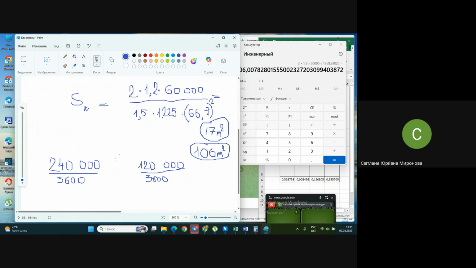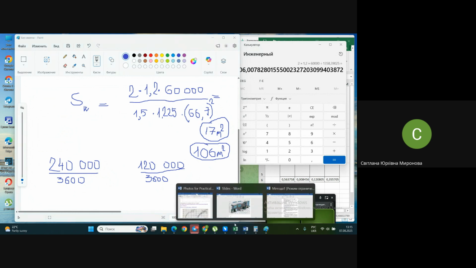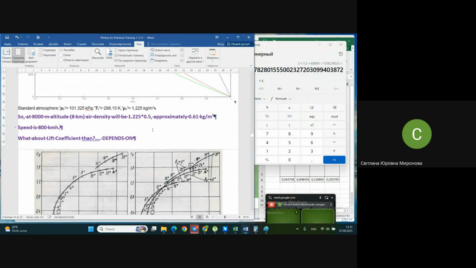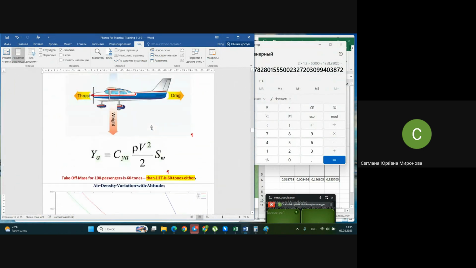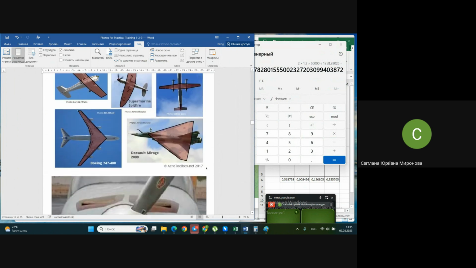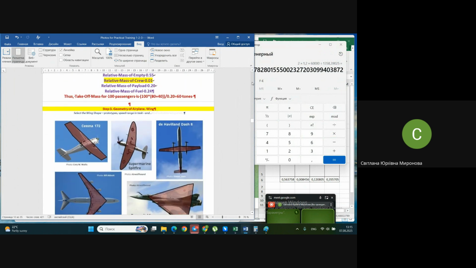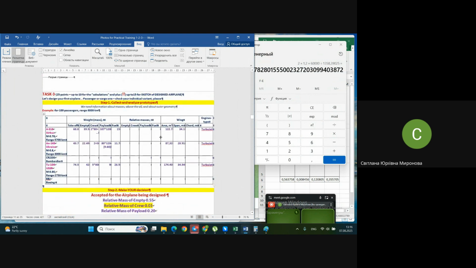Where is this rich experience hidden? It is here, in the statistical data that we have collected. They already proved their decisions. They already fly. And here we have their wing areas, and we know their takeoff speeds.